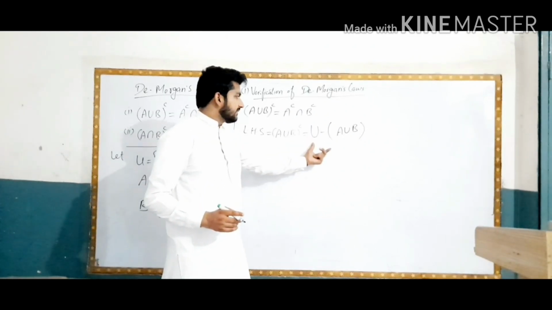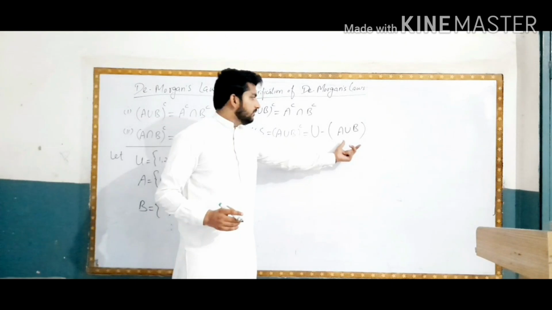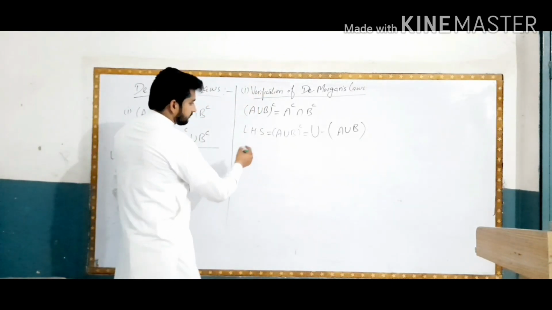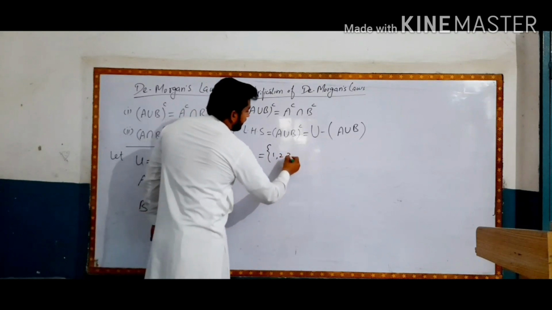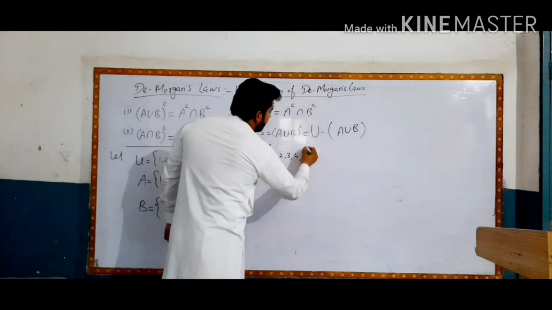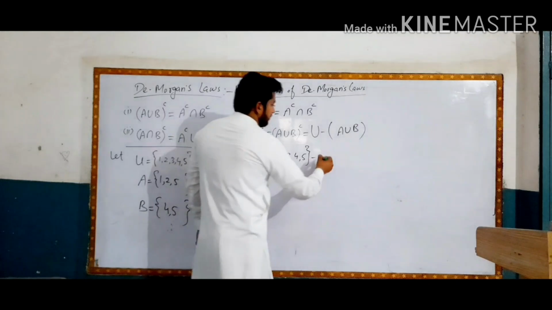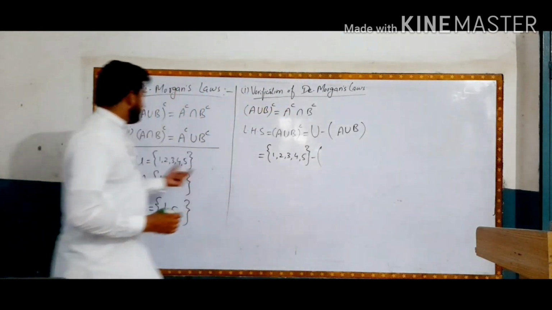The universal set is 1, 2, 3, 4, 5, difference A union B.